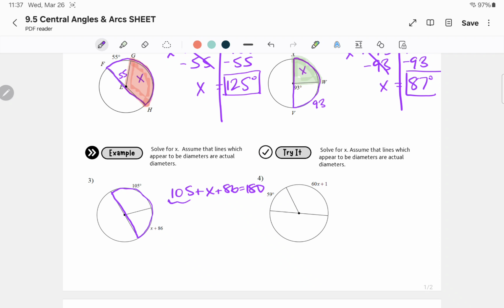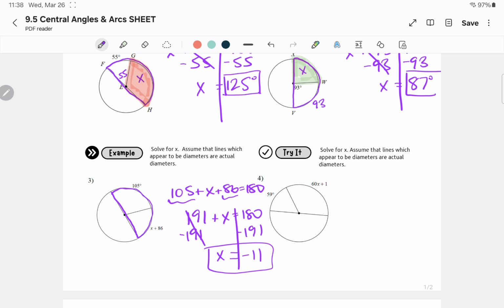I'm going to combine like terms. So 105 plus 86. So 105 plus 85 would be 190. So 1 more is 191. Plus X is 180. And I can subtract 191 from both sides to get what X is. And X is negative 11.